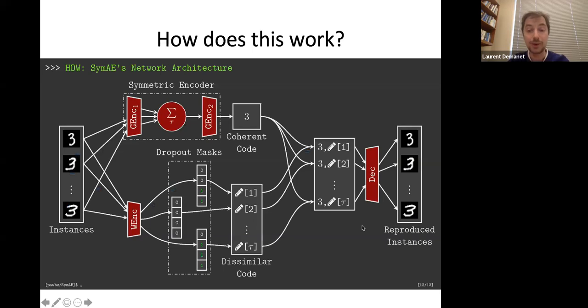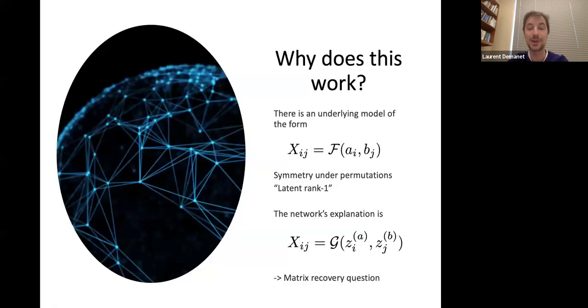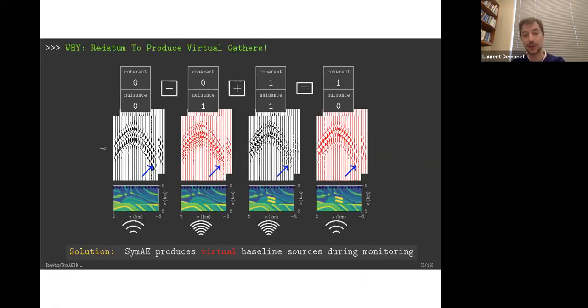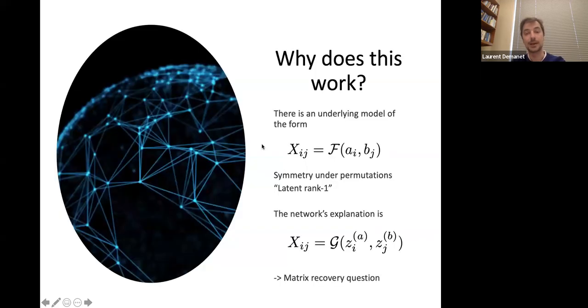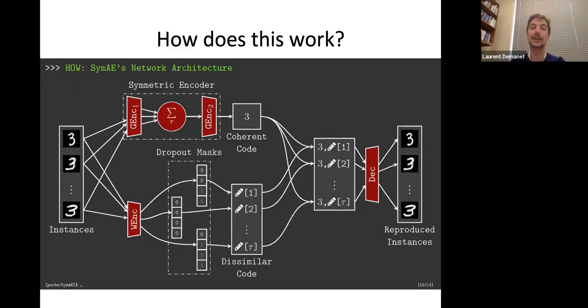So how does it work? How could we ever get to the point where we can make predictions and find missing entries in the matrix X_ij such as this, or finding the red images here when we only observe the black ones? And the idea is, yes, there's a way to do this. It's a very busy slide, but you want to have an autoencoder representation of the data in the X matrix that you just saw.